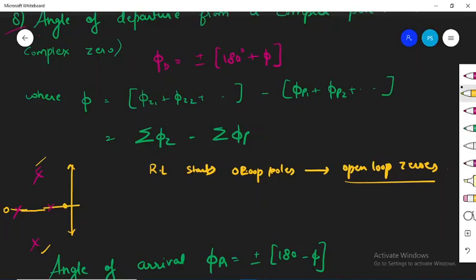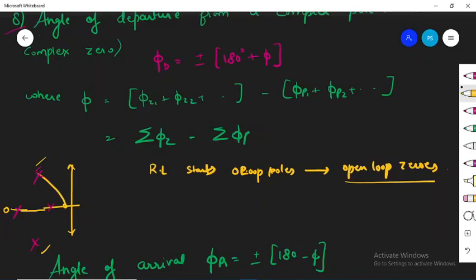Now if that's the case, the angle of departure is basically the angle at which this complex pole will depart. Suppose this pole has to merge at the zero. I'm just taking it randomly.